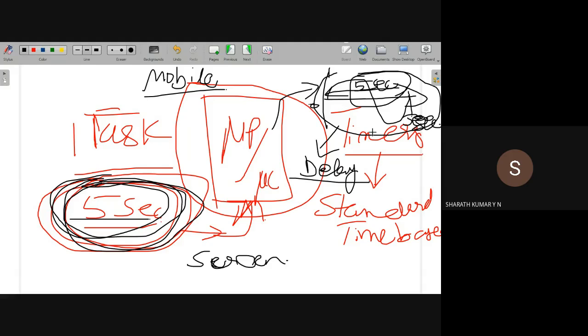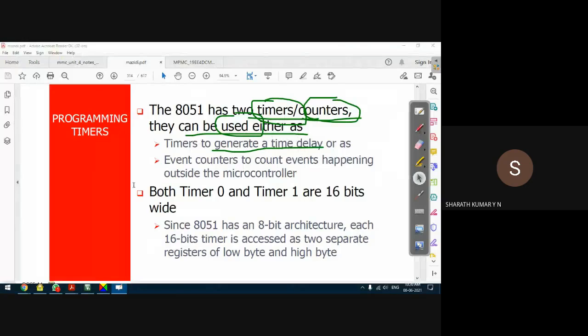The mobile device is waiting for the user to provide some input through the screen. With no input, it waits for 5 seconds because the setting is 5 seconds for turning off the display. After the 5 second waiting period, it will turn off. That's why it is called a delay signal, delay time.